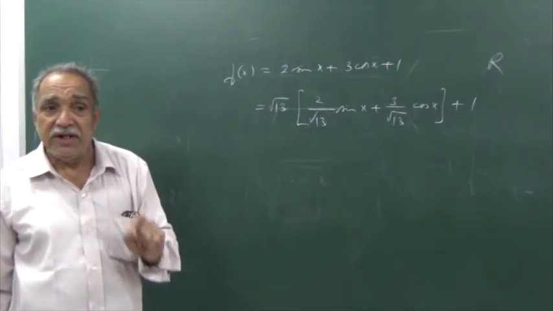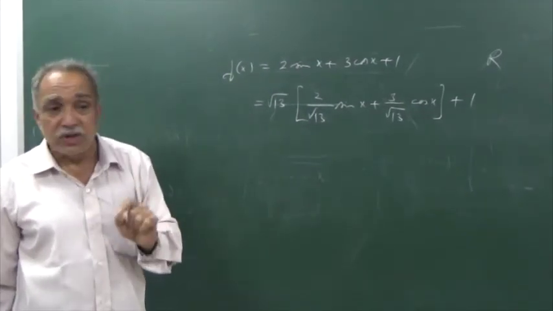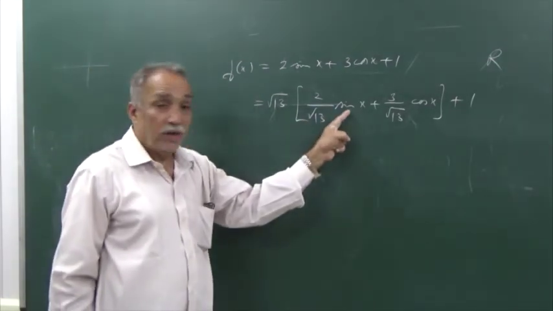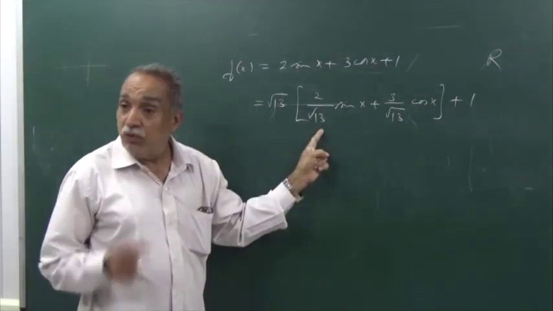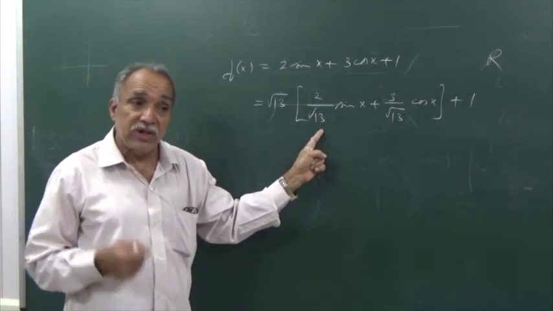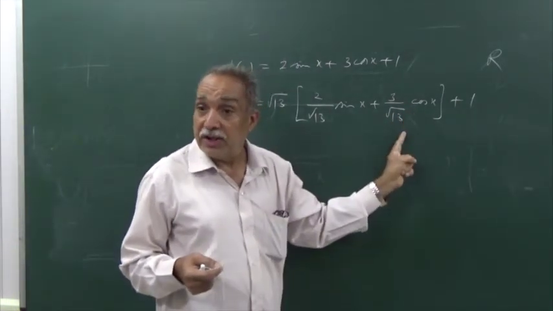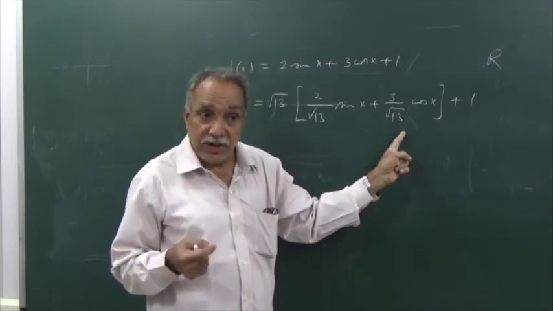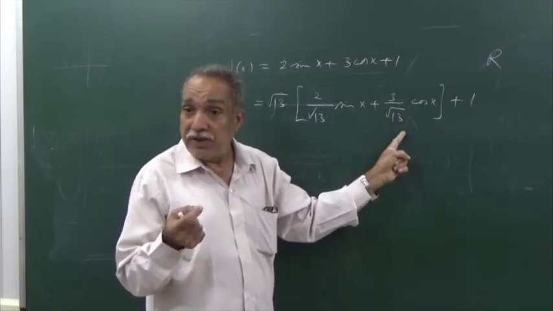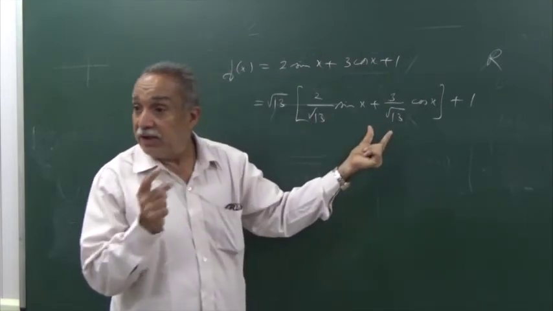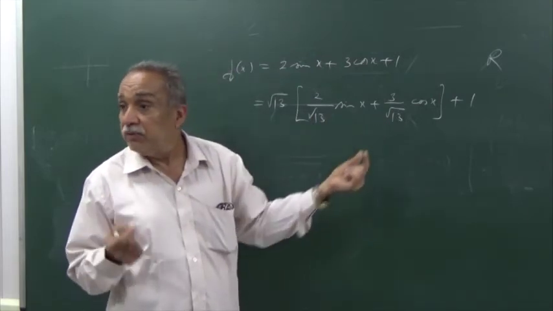We simply divided and multiplied it by root a square plus b square. What is the advantage? As coefficient of sin x, I have got a number which in numerical value is less than 1. As coefficient of cos x, I have got another number whose numerical value is less than 1. One more point, suppose you square this and add the two squares, the sum you get will be 1.